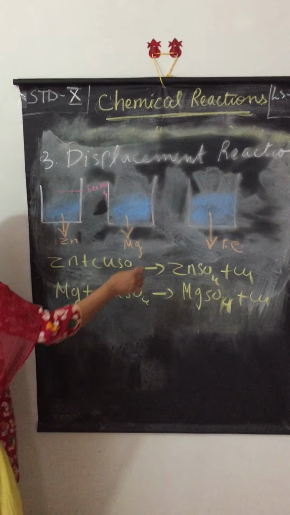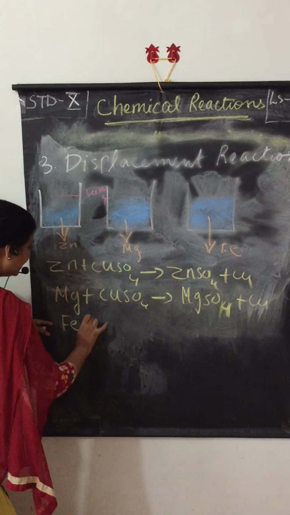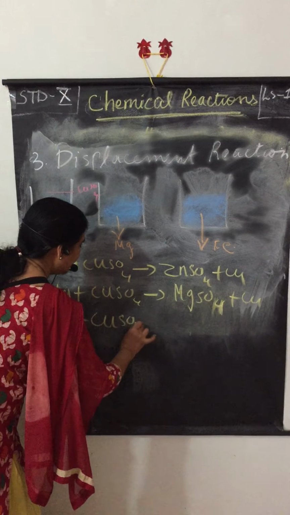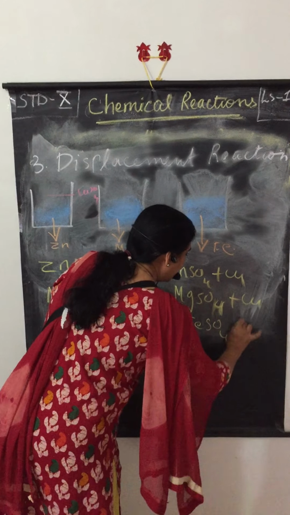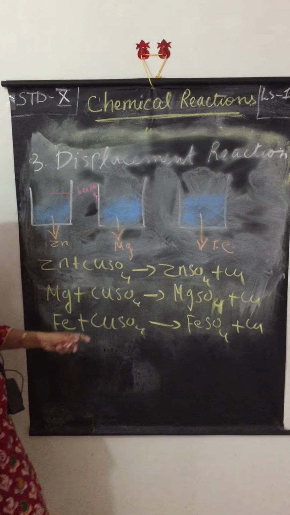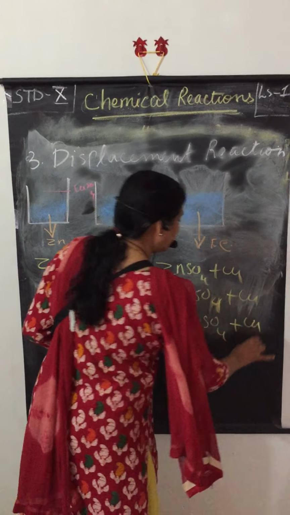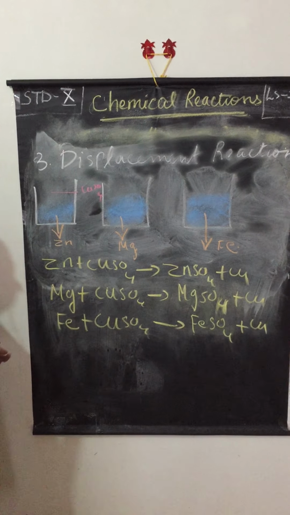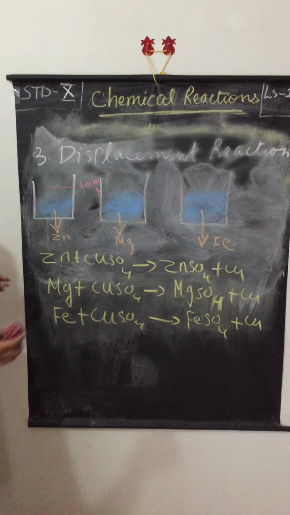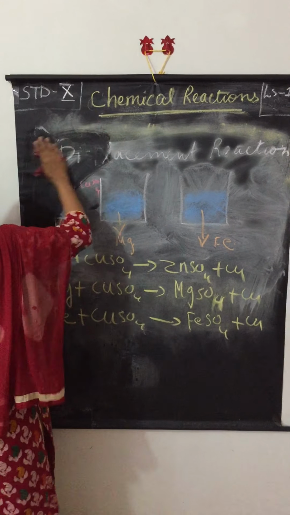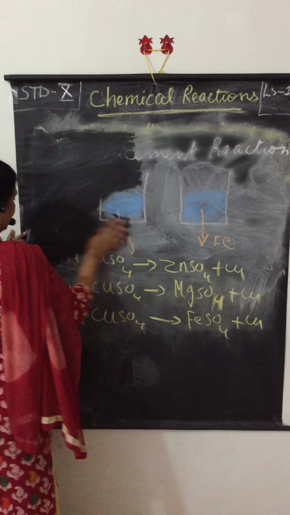Similarly, iron when it reacts with copper sulfate solution gives FeSO4 plus copper. So copper is deposited on the surface of the metal. So this is called the displacement reaction. Now let us discuss the fourth reaction, that is double displacement reaction.